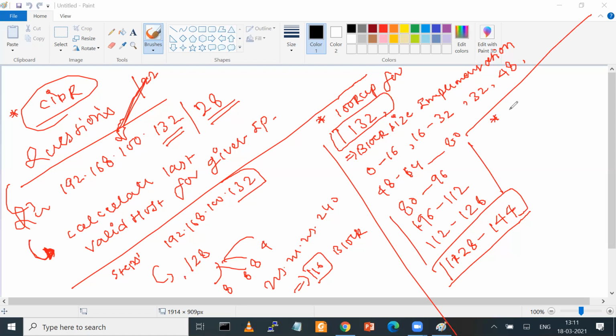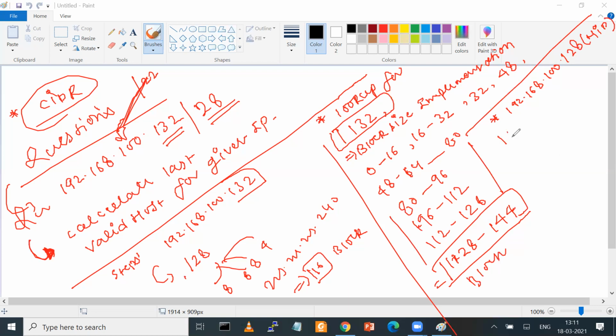Now I have to start the calculation. 192.168.100. Now I start the IP calculation for this block because my IP lies in this block. So I write 100.128. That's my NID, the network ID, for the given IP.